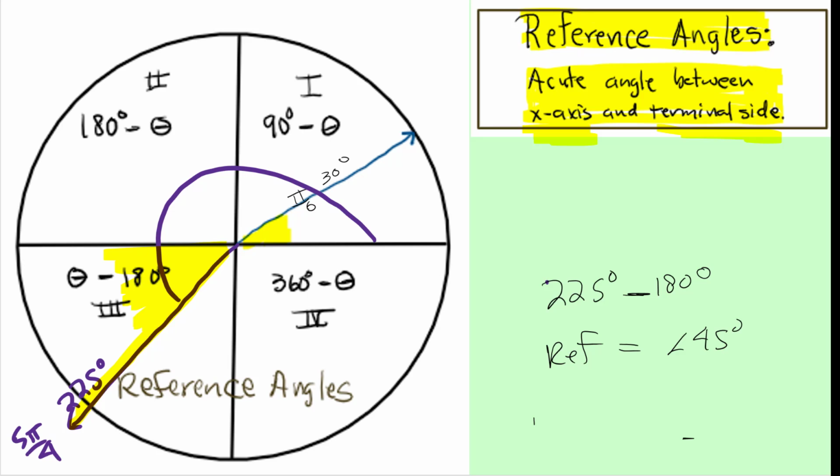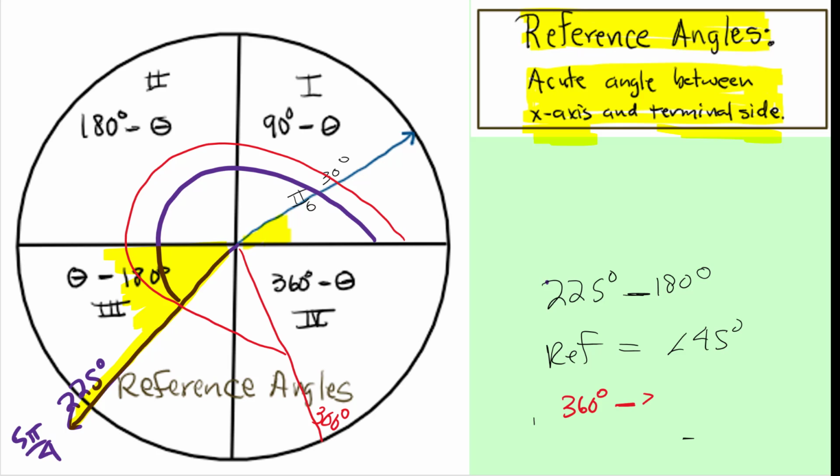So when you're talking about reference angles, so if we went from here all the way around and I did this, well, that right there might be 300 degrees. Well, now look at what this says. For the fourth quadrant, you do 360, subtract 300 degrees, and you get a 60-degree reference angle.